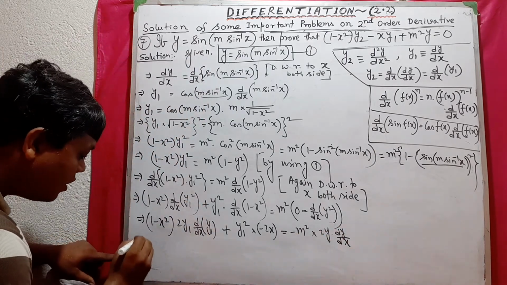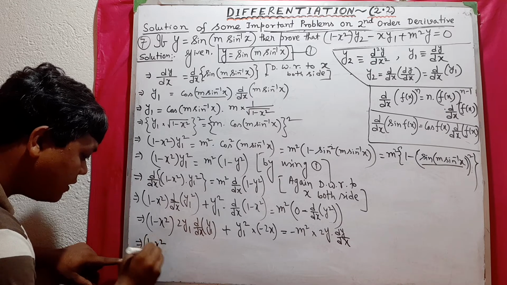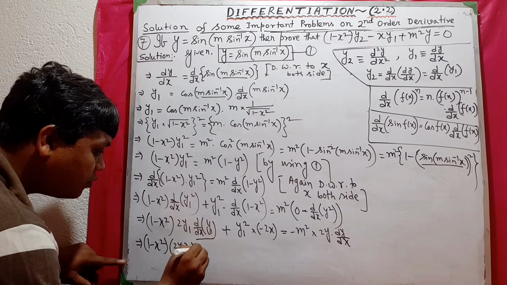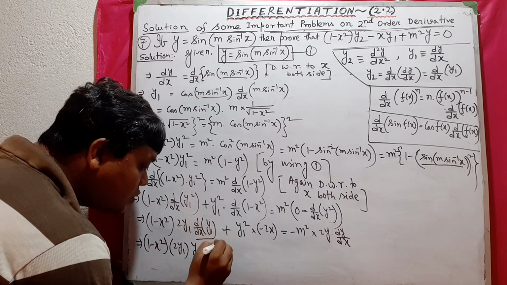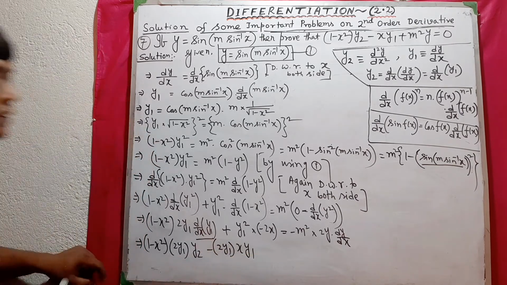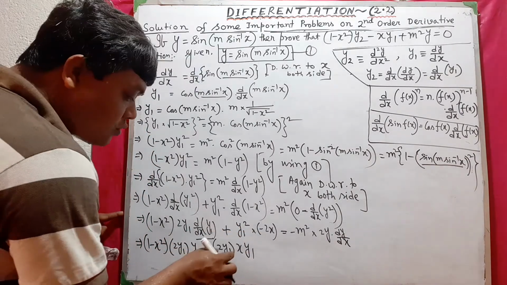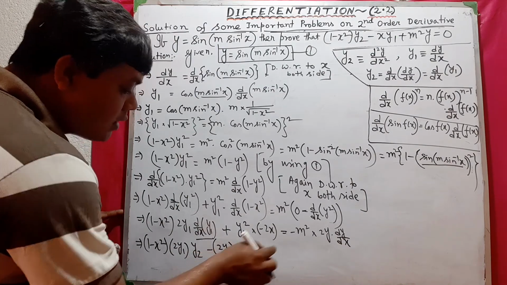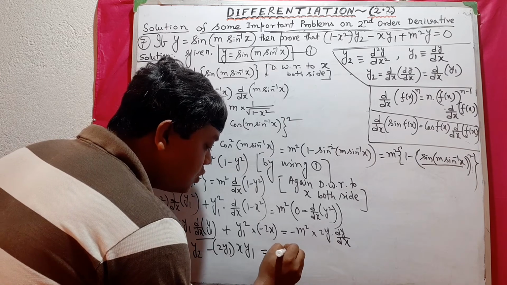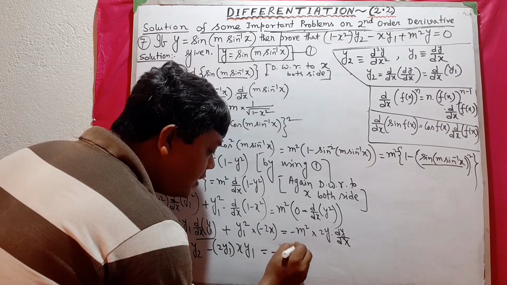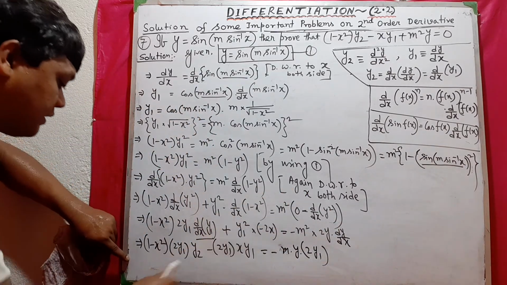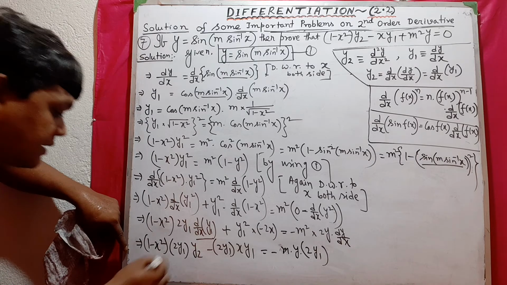So now 1 minus x square into 2y1, this is y2, minus 2y1 into x into y1. Okay, x y1 square I wrote as 2y1 into x y1, minus m square into 2y into y1 equals... Look, in every term 2y1 is the common part, so it cancels.